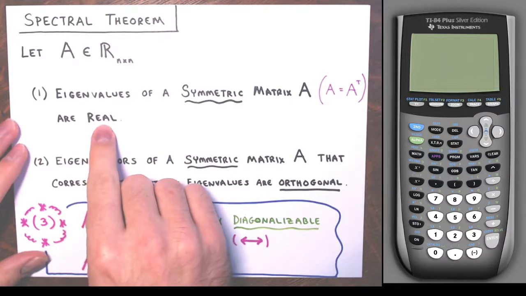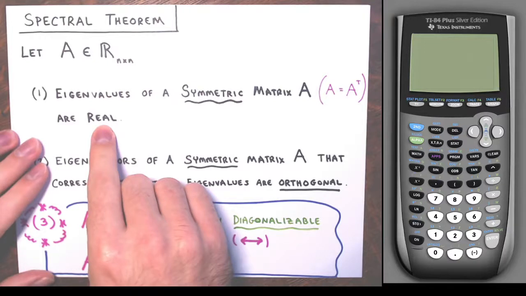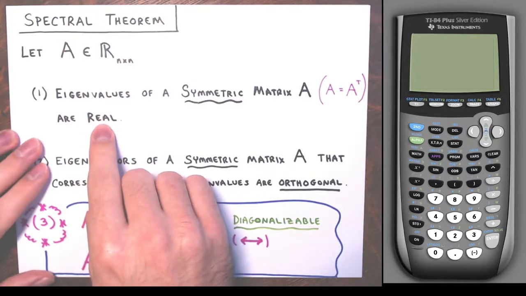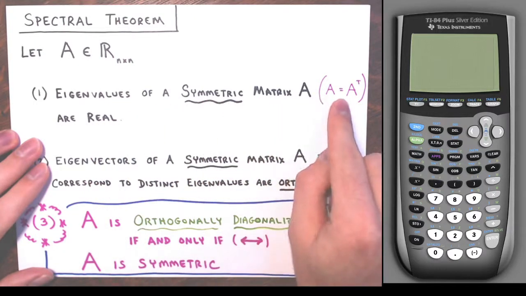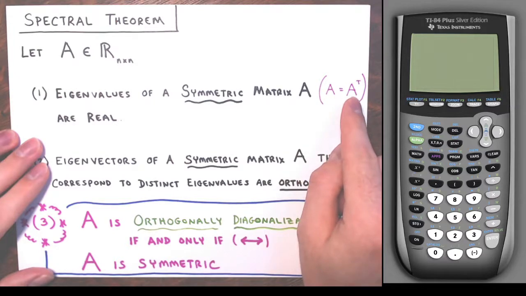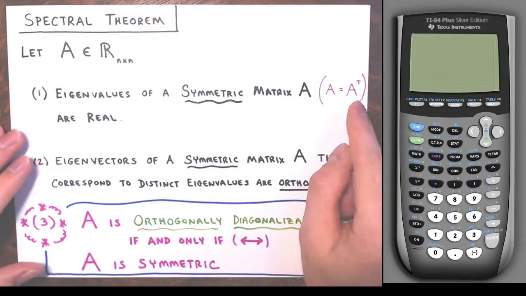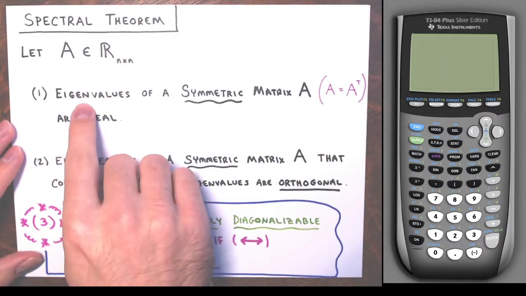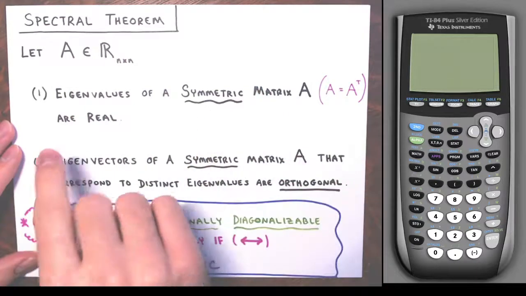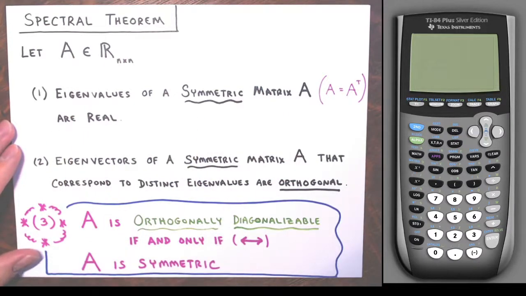You're not going to end up with complex eigenvalues with an imaginary part. And if you recall, a symmetric matrix is any matrix that's equal to its own transpose. So the eigenvalues of a symmetric matrix will all be real numbers, no imaginaries.